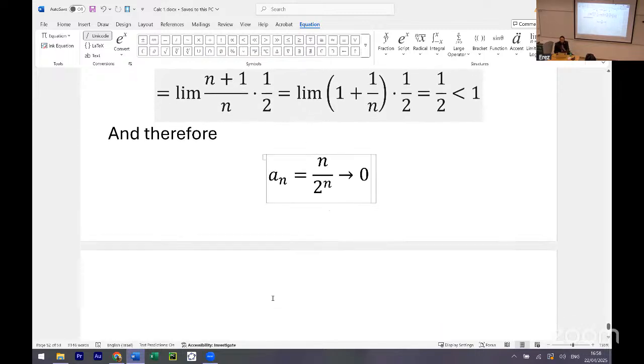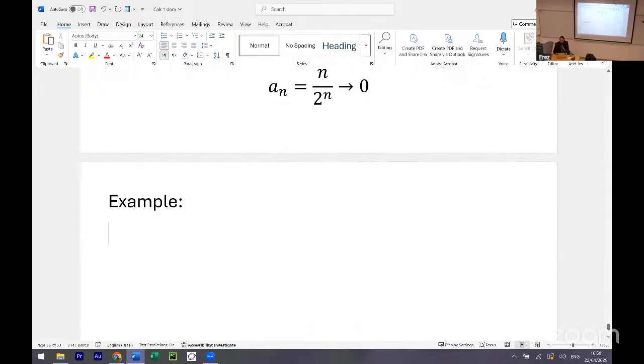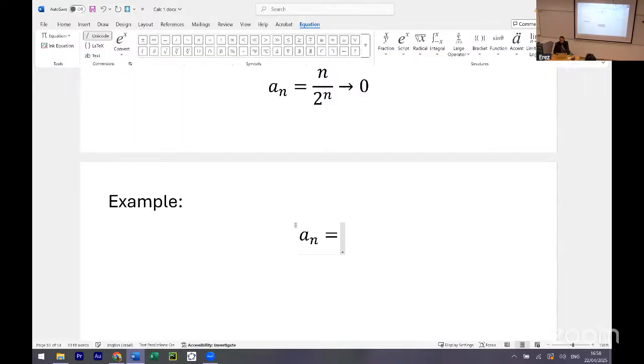Okay. Let's take another example. What is, let's say, the square root of n to the n over n factorial.